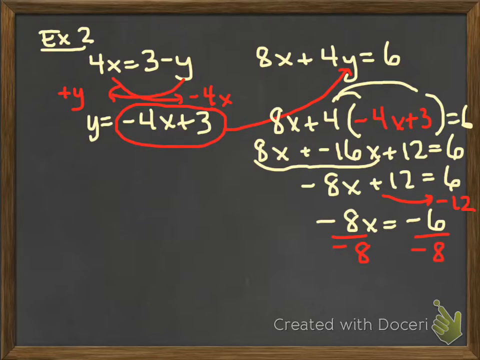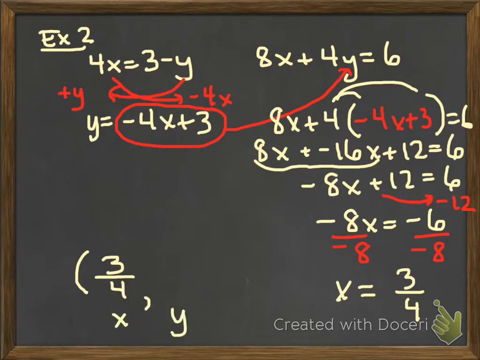And you get x equals negative 6 over negative 8, which is just positive 3/4. That's because negative divided by negative is positive, and if we reduce the fraction 6/8, it's 3/4. So we now have the first part of our point of intersection. We have the x coordinate, which is 3/4, and now we need the y coordinate.